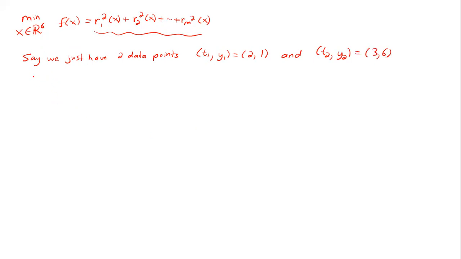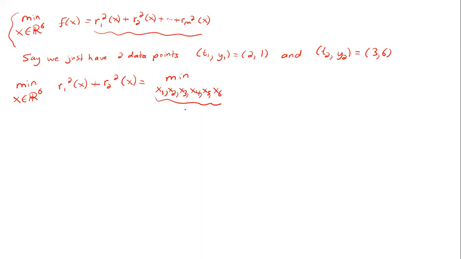And so then this minimization problem is going to look a little smaller because I'm just going to have the residuals for 2 data points. So let's write this out a little more explicitly. This is minimize, find the minimizing values of x1, x2, x3, x4, x5, and x6. So these are all my decision variables, which can be in this vector x. So the vector x, you could also say it's the vector of the decision variables.